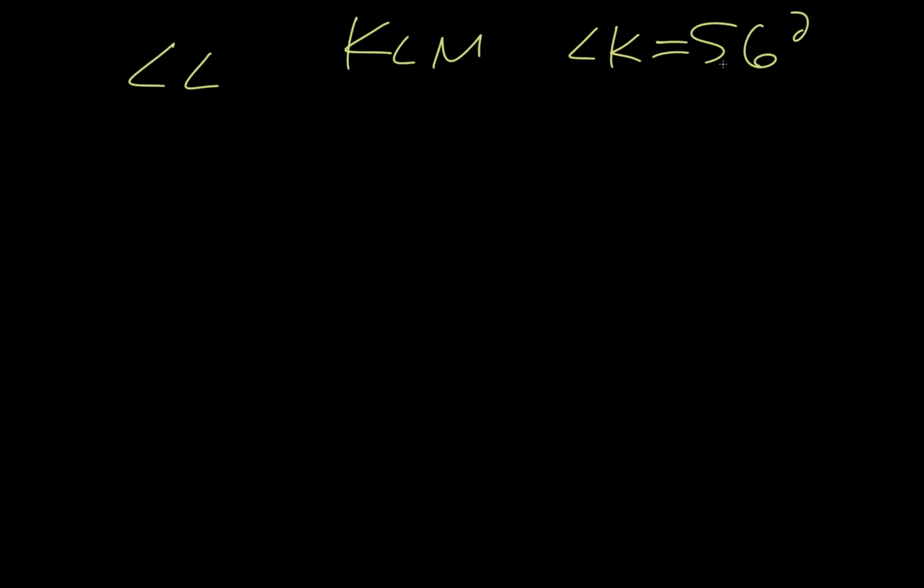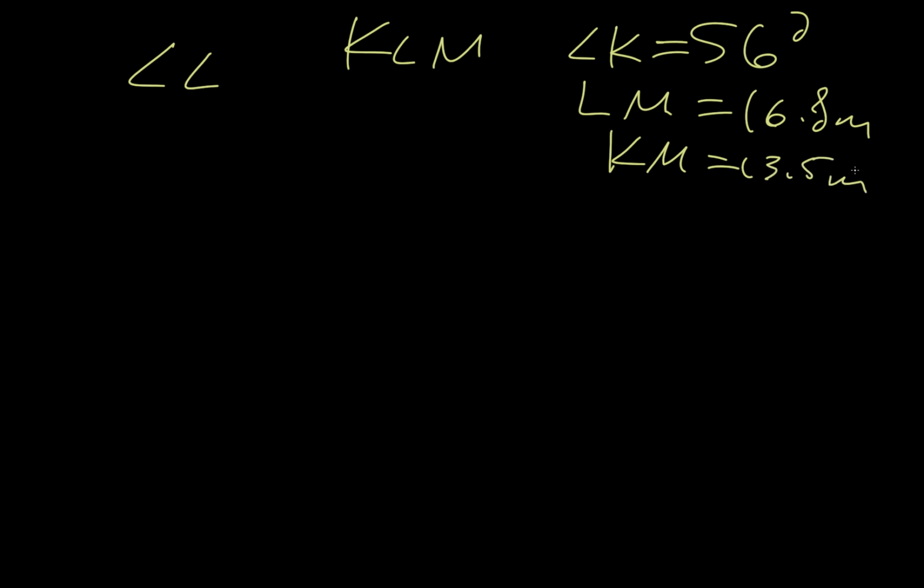Okay, let's try another one. So let's find the measure of angle L. So this time we want angle L in KLM. Given the measure of K equals 56 degrees, LM equals 16.8, and KM equals 13.5 meters.